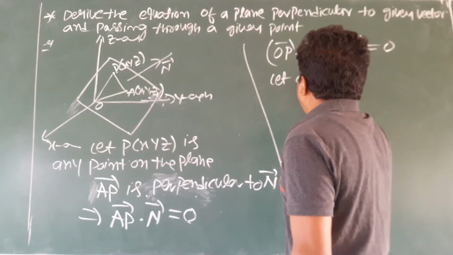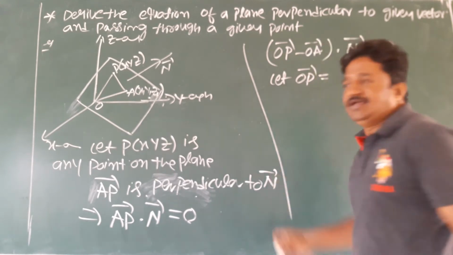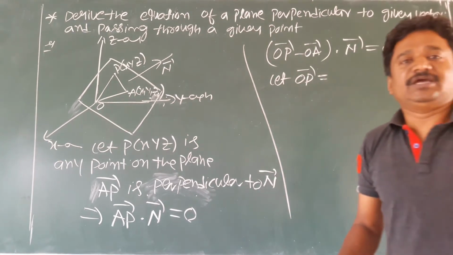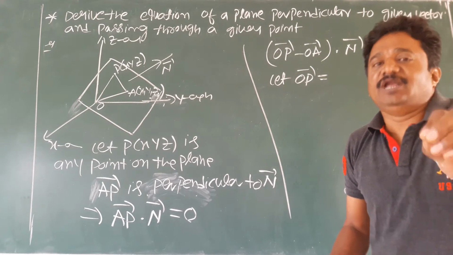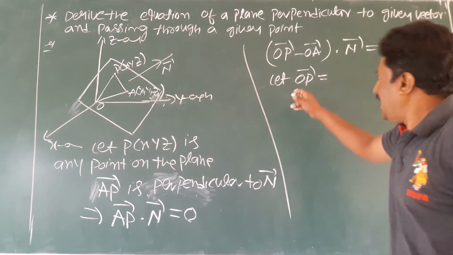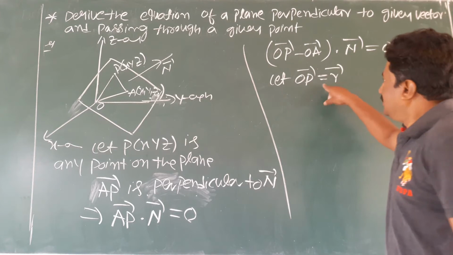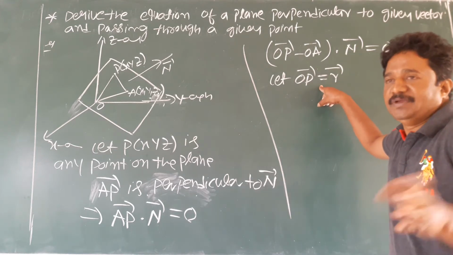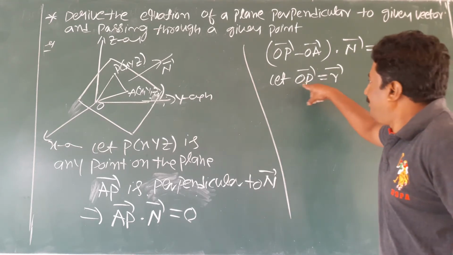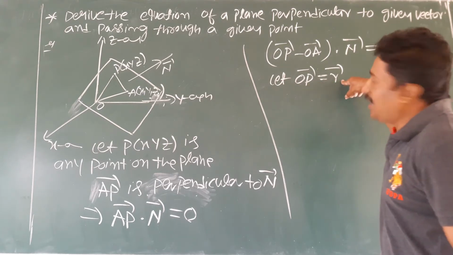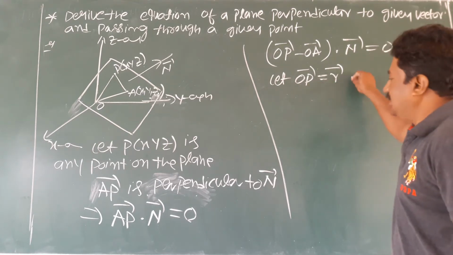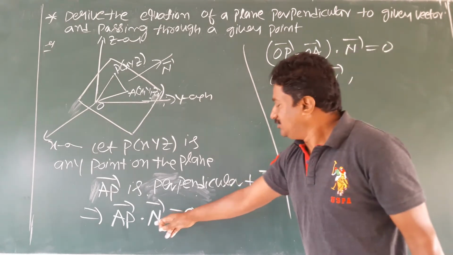OP, we always take as vector R, the position vector of the general point P. This you have seen in previous classes also. OP should be taken by vector R only.